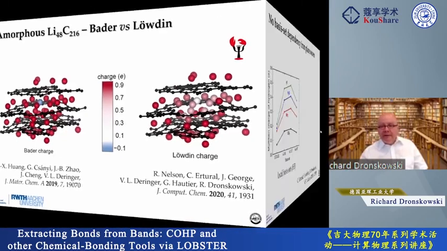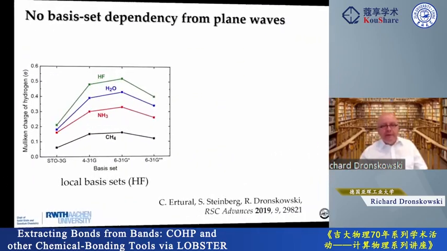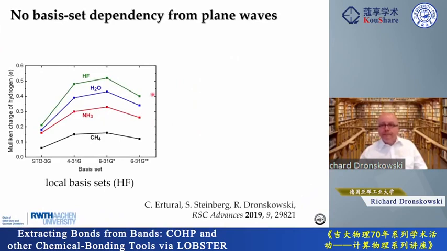There is another very interesting result about the charge calculation, say from a Mulliken population analysis. If you do this with regular molecules, this you find in standard chemistry textbooks, that there is some basis set dependency in molecules. Say you plot the Mulliken charge of the hydrogen atom in methane, ammonia, water, and hydrogen fluoride.